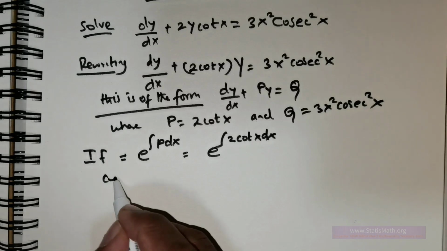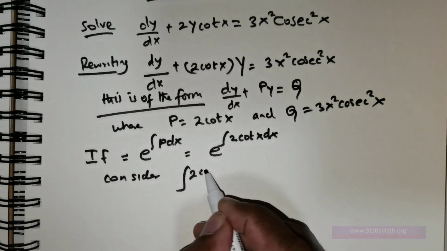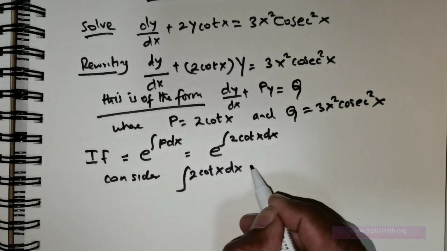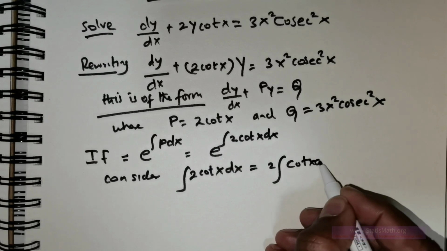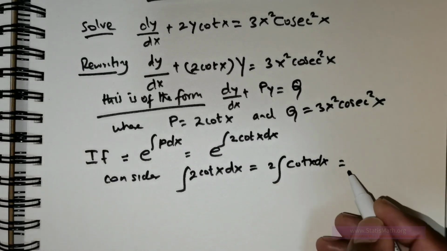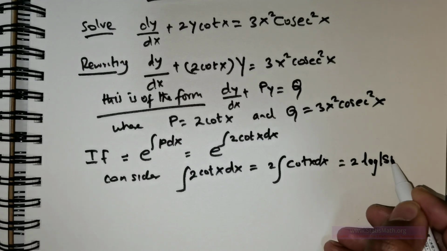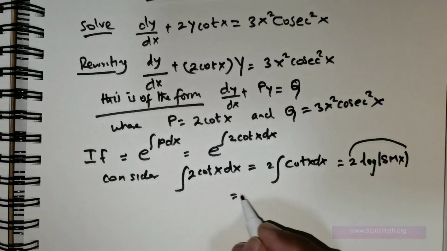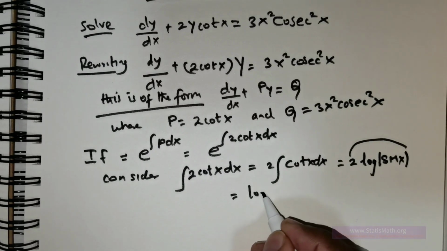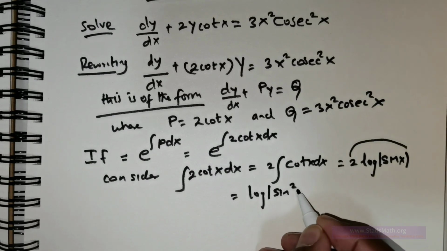Now, I would just consider integral 2 cot x dx. I would rewrite this as 2 times integral cot x dx. Integral of cot x dx would give me log of modulus sin x, which I can rewrite, moving the 2, as log of modulus sin² x.